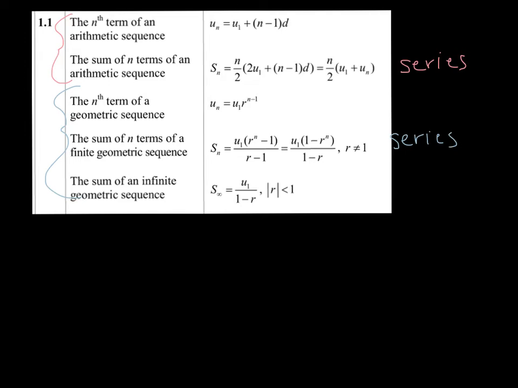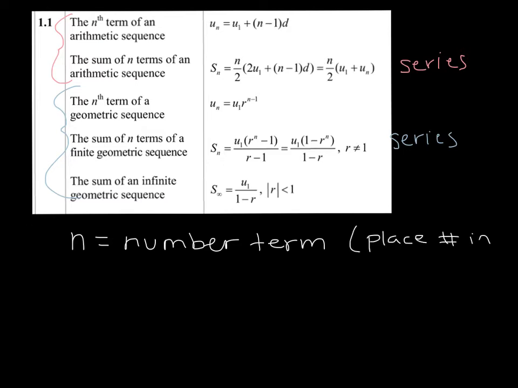Okay, so a couple things we have to talk about in terms of notation. n always is going to represent the number term we're talking about. Another way to say that is its place number in line. So is it the first term?